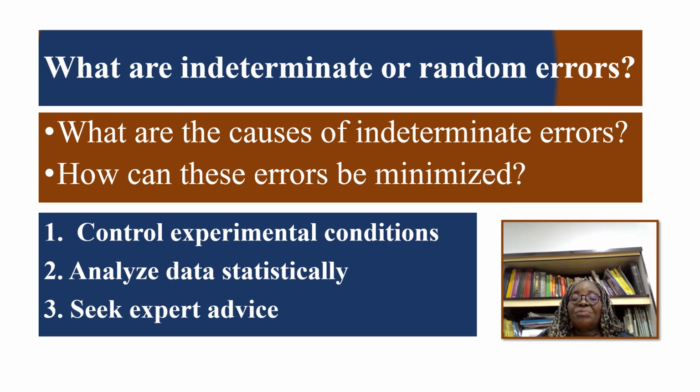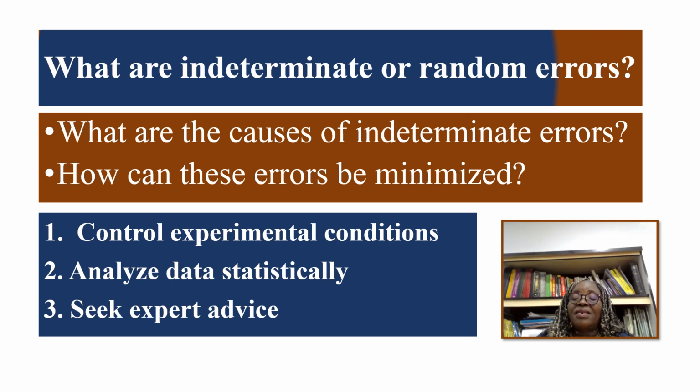How can these errors be minimized? These errors can be minimized when we have a control experiment. In most experiments, when you do your determination, you also have another control somewhere you will run. You will also analyze your data statistically.